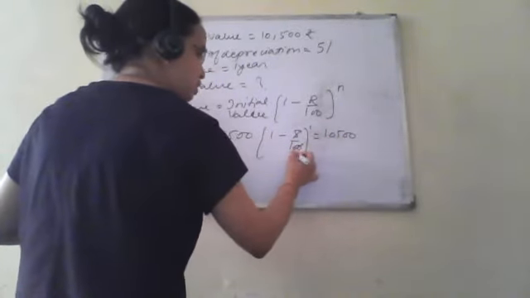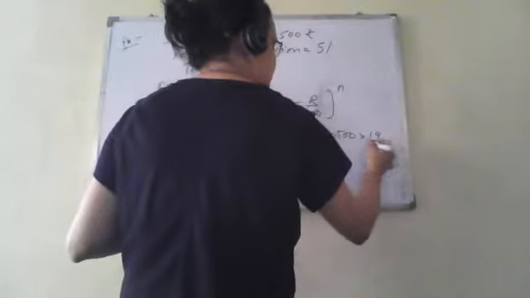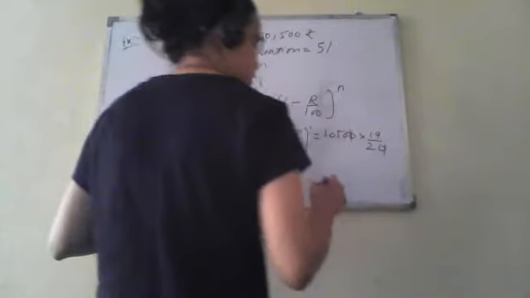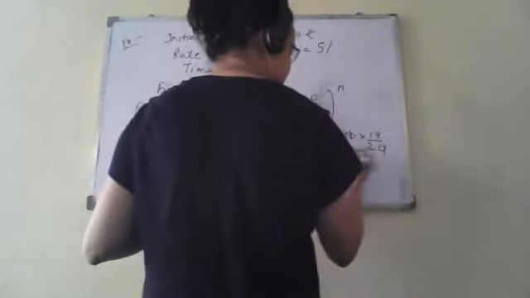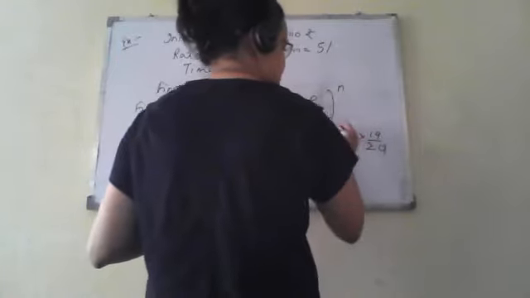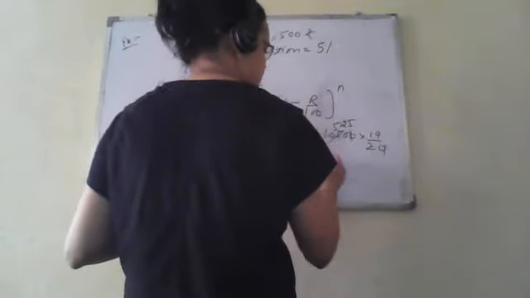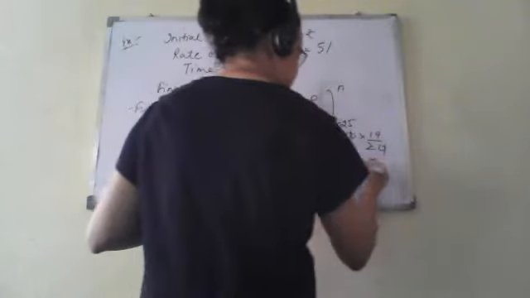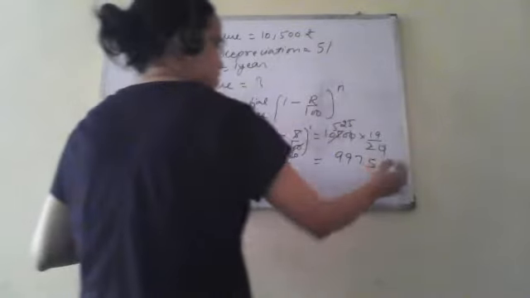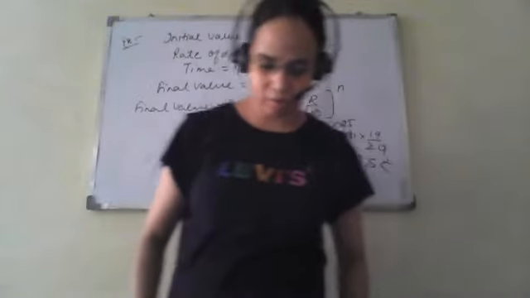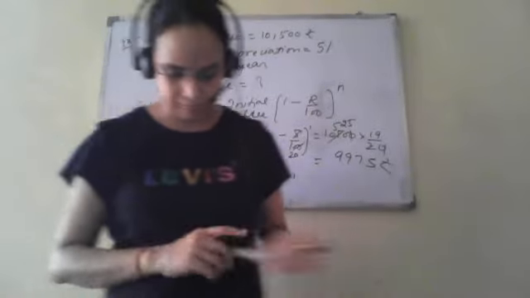It is again 19 upon 20. Clear? So it is 9,975 rupees at the end of 1 year.